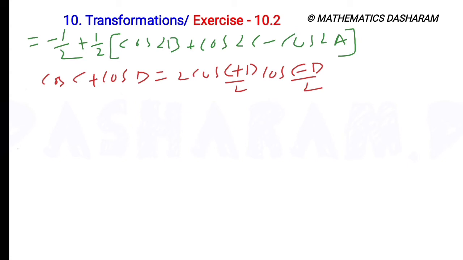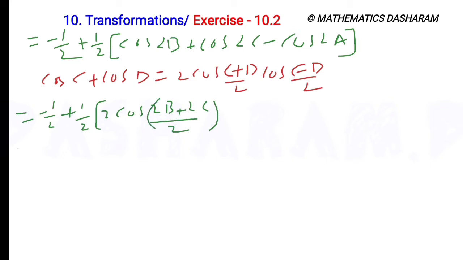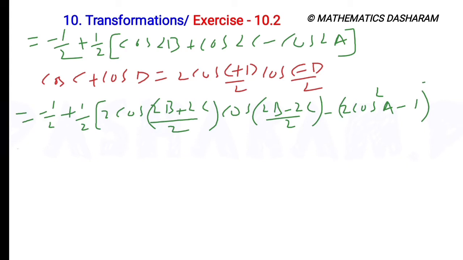So cos C plus cos D equals 2 cos (C plus D) by 2 into cos (C minus D) by 2. So it is equal to minus 1 by 2 plus 1 by 2 bracket of 2 cos (2B plus 2C) by 2 into cos (2B minus 2C) by 2 minus, and the cos 2A formula, 2 cos square A minus 1, and here take the bracket.